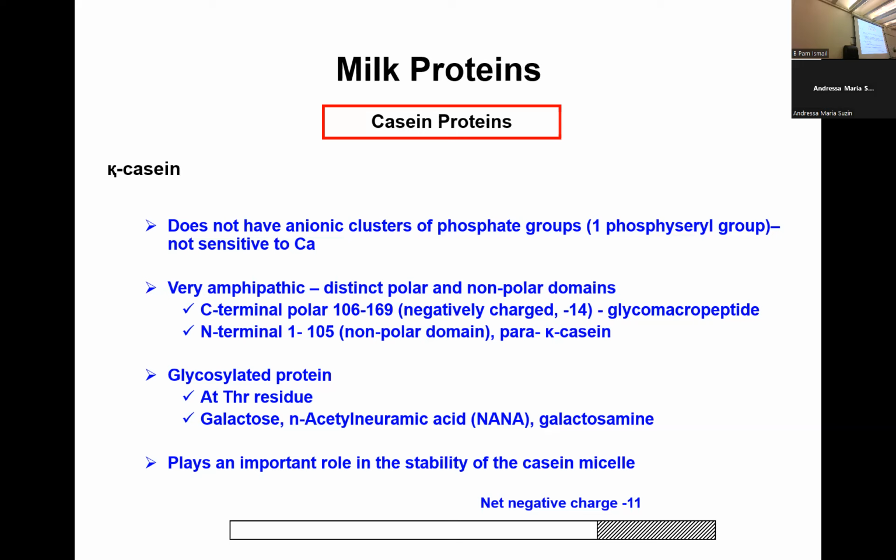The size of the casein micelle is inversely related to the concentration of kappa casein. The more kappa casein is present in milk, do you think your micelle will be smaller or bigger? Smaller, yeah, because they are mostly on the surface of the casein micelle. The more kappa casein I have, the smaller the diameter of the micelle is.